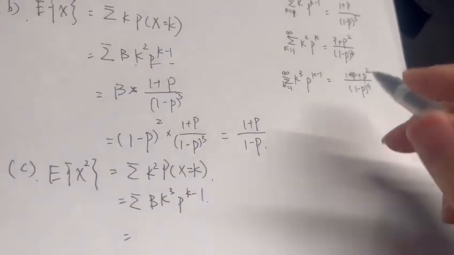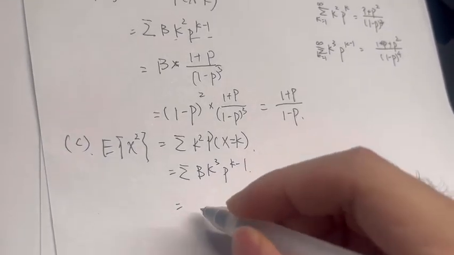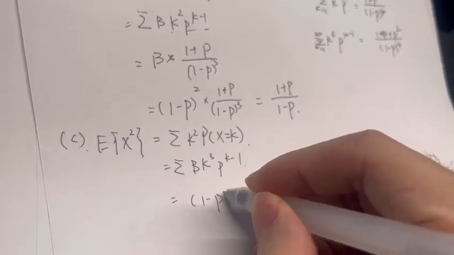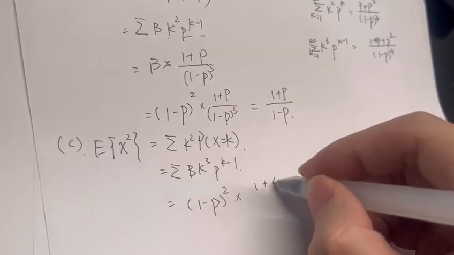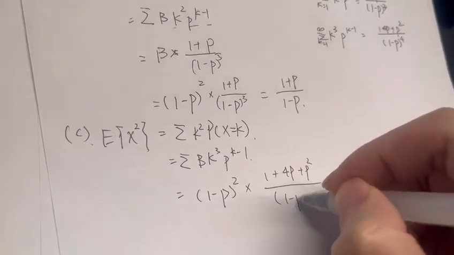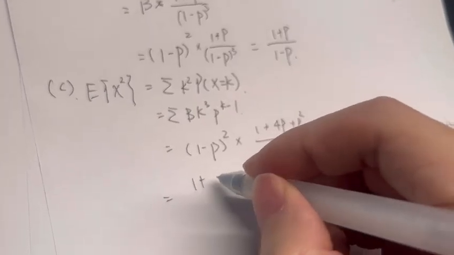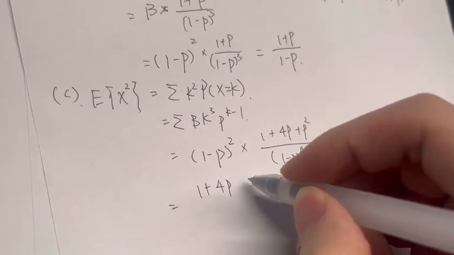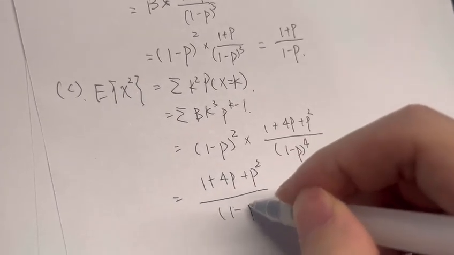So we can substitute this part into this equation, and we can get this here times (1 plus 4p). And then we can get the answer for part C, right here.